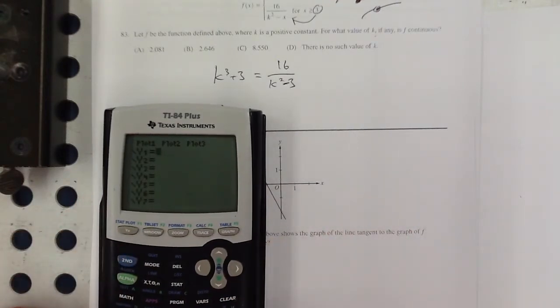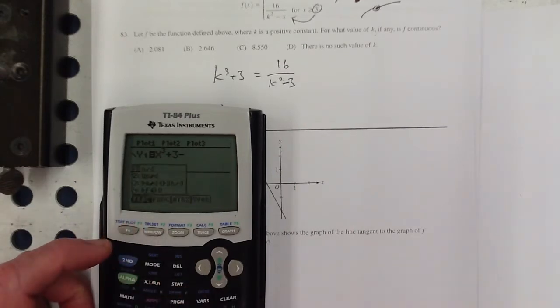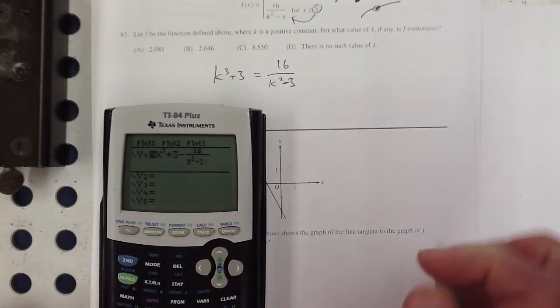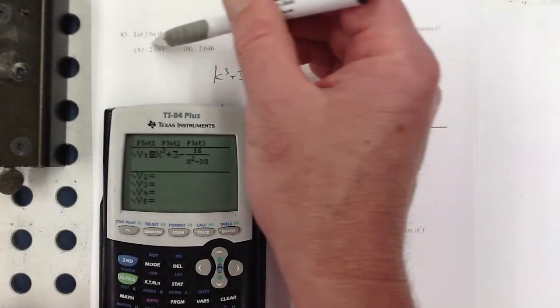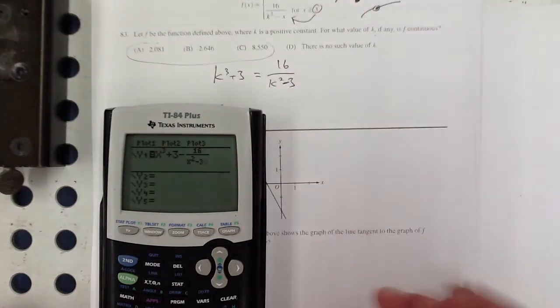Let's do it my way. So k cubed plus 3 minus, going to make a little fraction here that looks real nice, 16 over x squared minus 3. And I need to see where that crosses. It looks like if it does cross, my numerical answers are between 0 and 10.